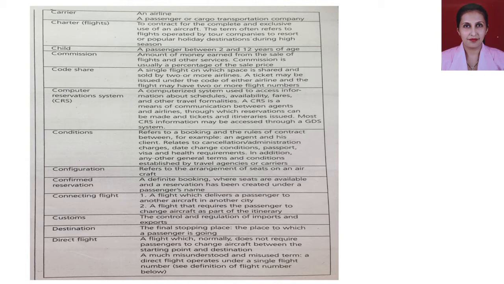Today each and every booking is a confirmed reservation, because the tickets are all e-tickets, electronic tickets, generated by the computer. You only get a printout and a soft copy. Reservation is nothing but booking. Each and every booking is guaranteed, that this particular passenger will get a seat when he travels.